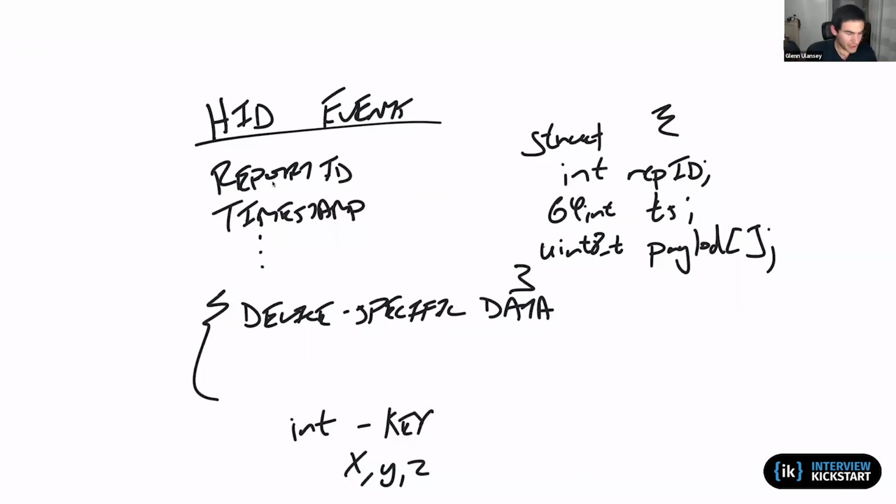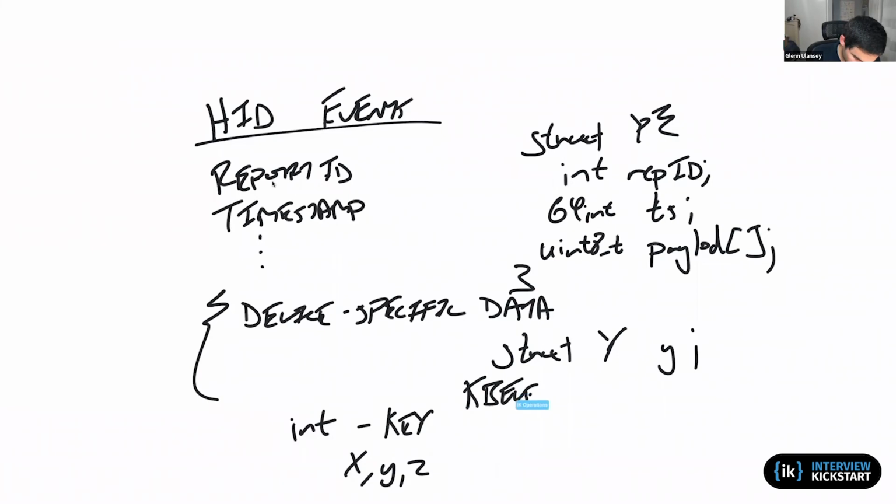And then when you actually need to use something with that payload, let's say this is struct Y once again, we might instantiate struct Y, let's call it lowercase y. Y has some sort of payload, and then we have our keyboard event, the name of some other structure that has our keyboard specific fields within it.